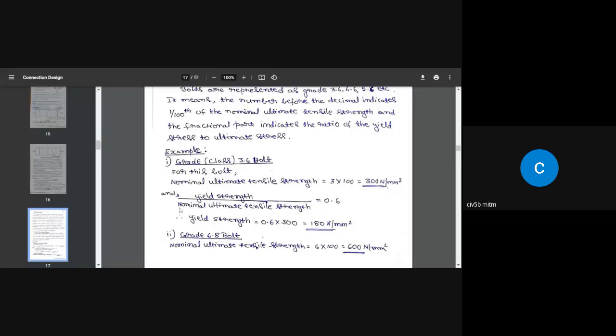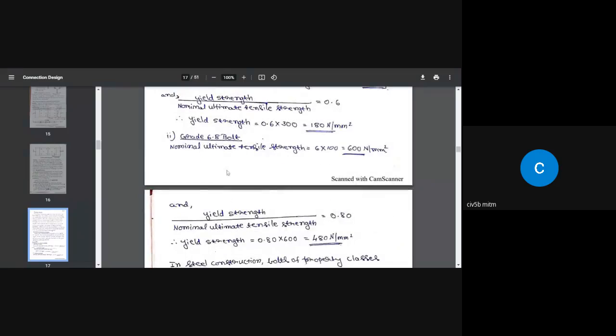Then the nominal ultimate tensile strength is 300. So 300 multiplied by 0.6 is equal to 180. 180 Newton per millimeter square is the yield strength of the bolt, and 300 Newton per millimeter square is the ultimate tensile strength. Similarly, take one more bolt, grade 6.8.